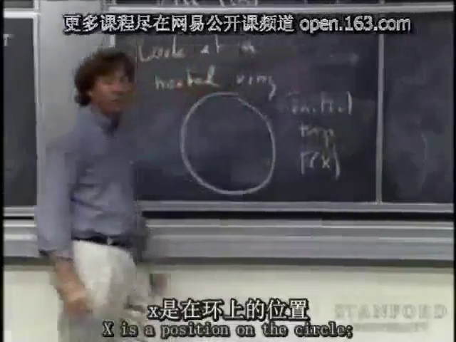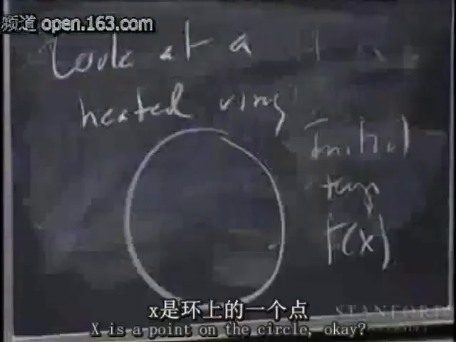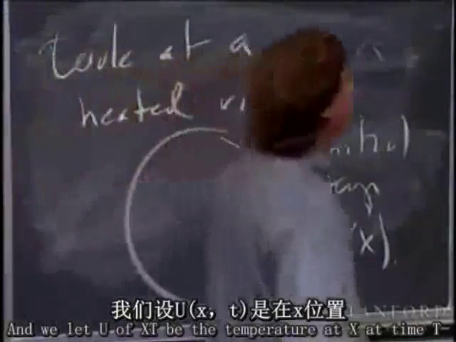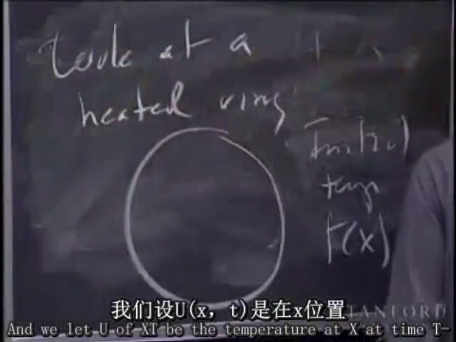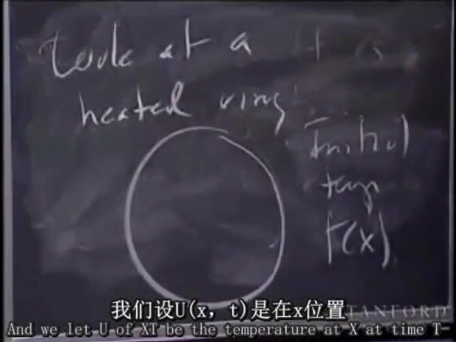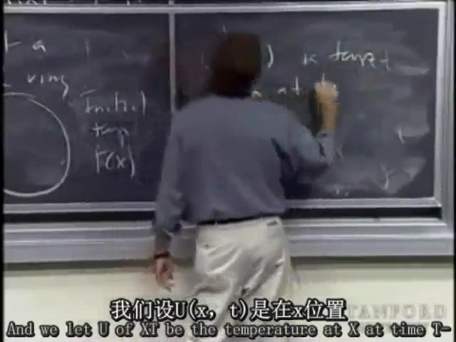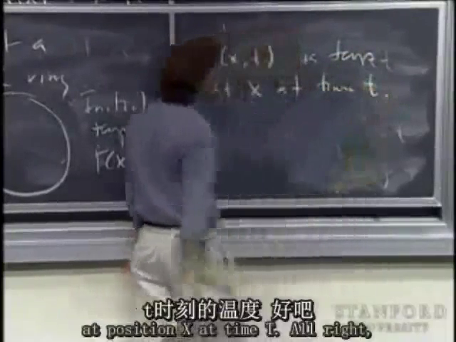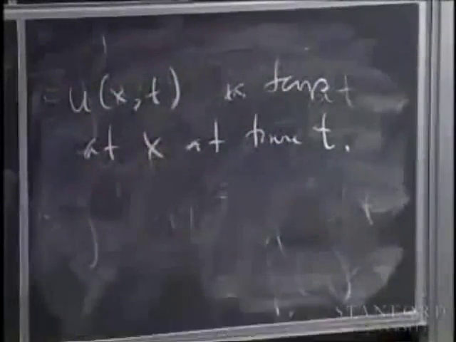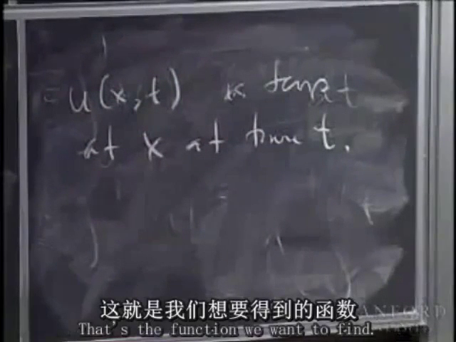x is a position on the circle. x is a point on the circle. And we let u of x, t be the temperature at position x at time t. The question is, can we say something about it? That's the function we want to find.